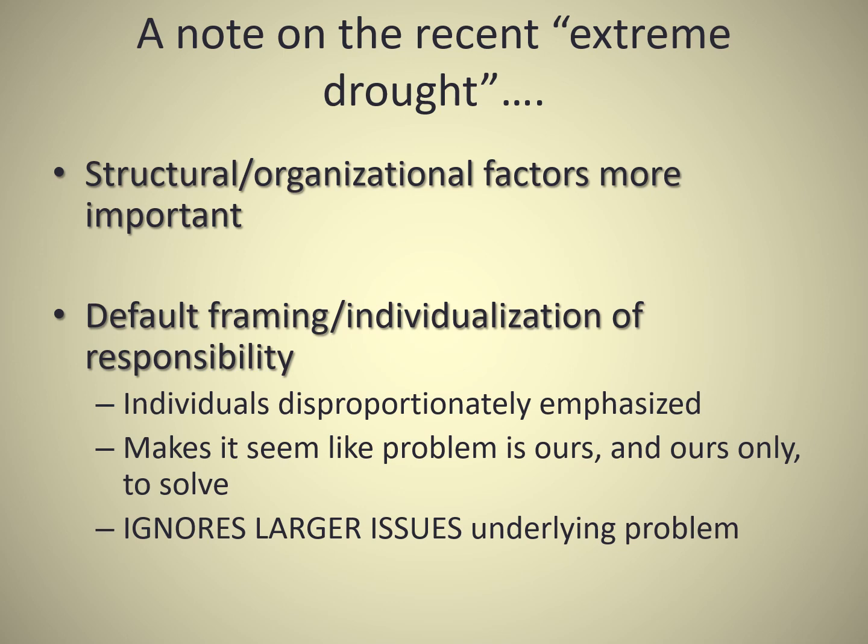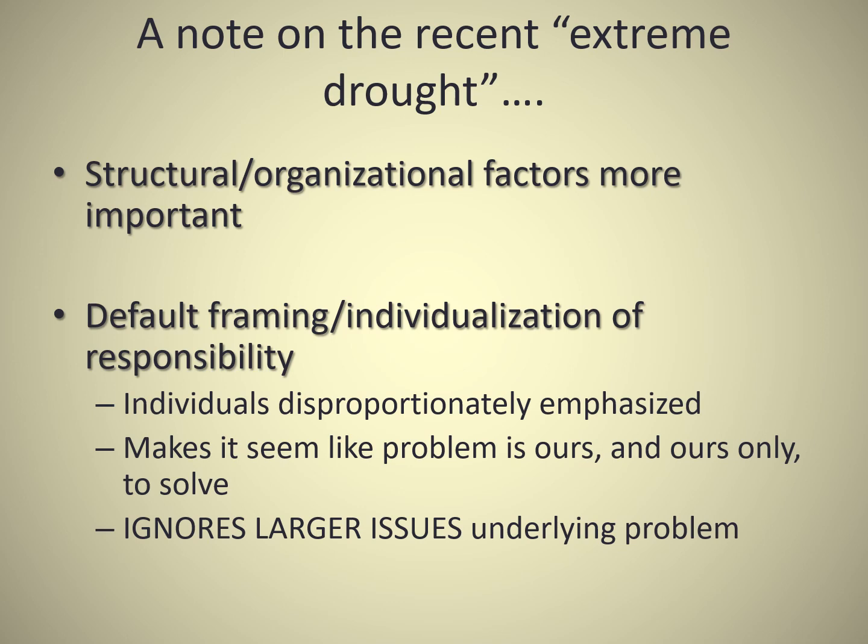It disproportionately emphasizes individuals, even though that's a small part of the problem of the impact. The focus on the individual makes it seem like the problem is ours and ours only to solve. And most importantly, by consistently focusing on individuals, it glosses over and ignores the larger issues and causes underlying problems in sustainability with water or whatever in California.